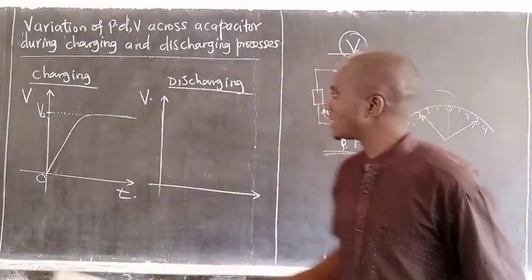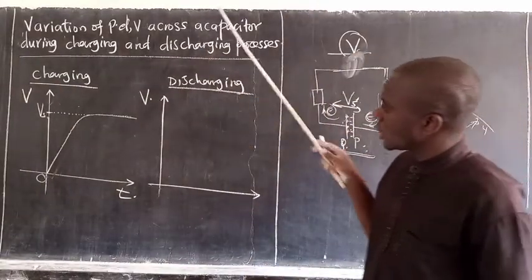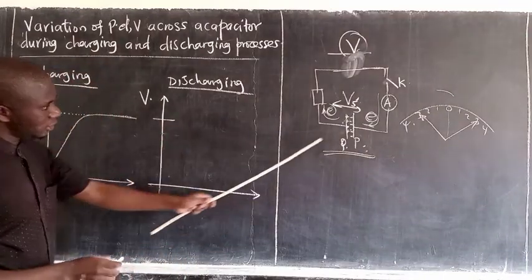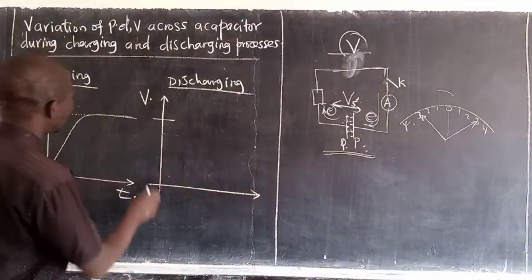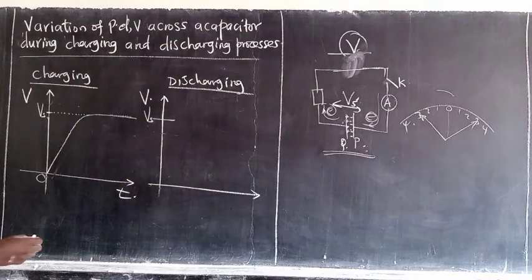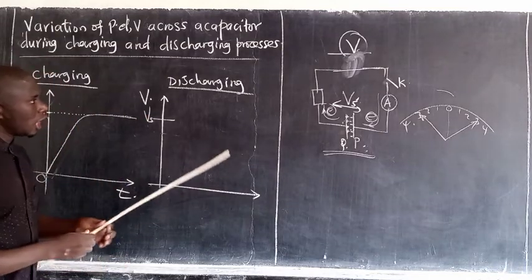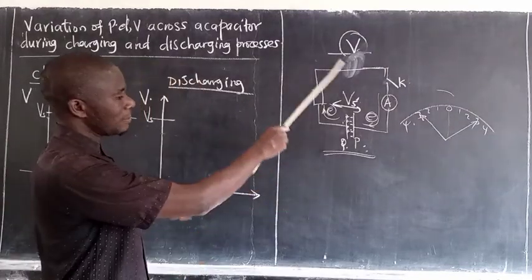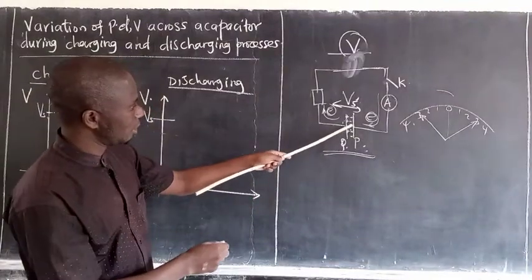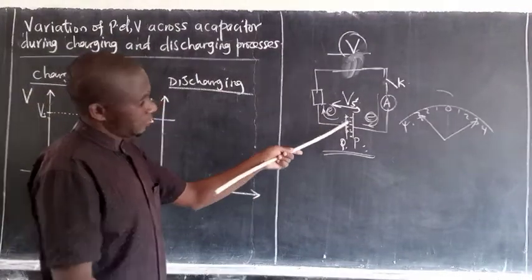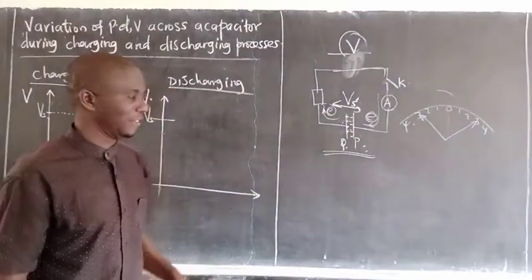And as you can see, at the beginning of the discharging process, the PD across these two capacitor plates was equal to the supply PD because they were charged to that. So as electrons flow, the PD keeps on reducing, because if electrons go this side, we have lost that potential difference.